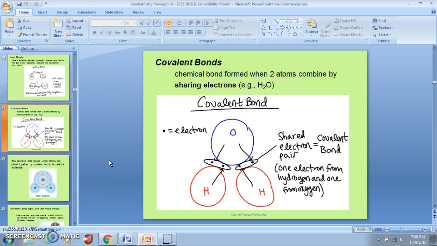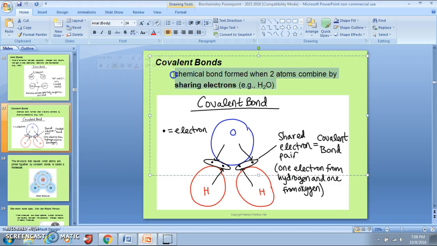Our next type of bond is a covalent bond. Our definition of a covalent bond is a chemical bond that forms when two atoms share electrons. For example, the water molecule H2O is held together by covalent bonds. We see oxygen and one of the hydrogens sharing a pair of electrons.